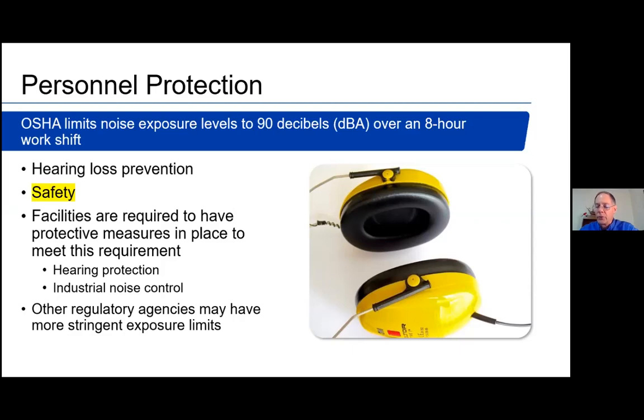If the noise levels are too loud and workers can't hear each other, workers can't hear safety warnings, then that creates a very dangerous environment. So that tends to really drive a lot of the requirements for personnel protection.